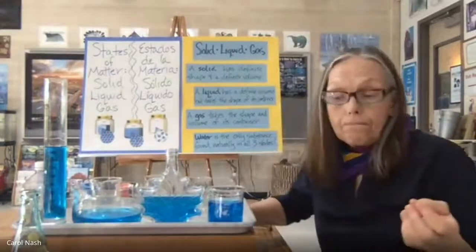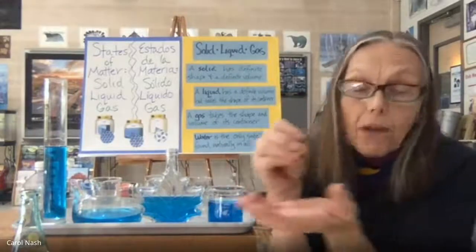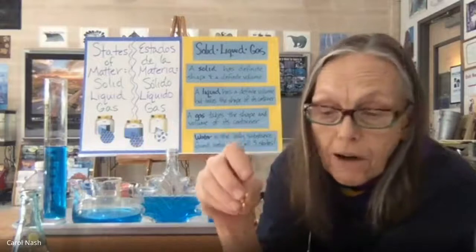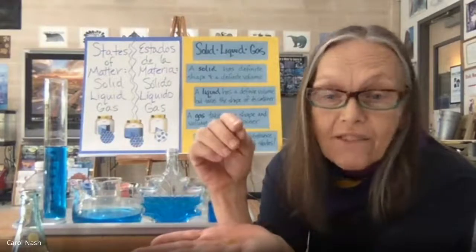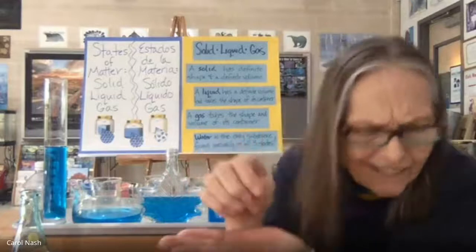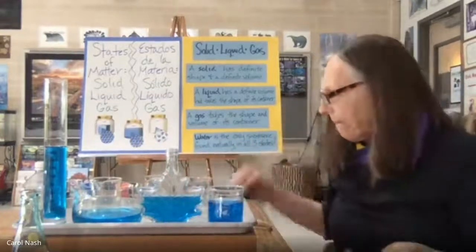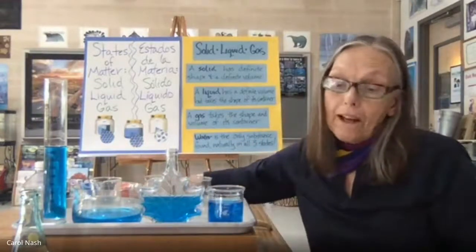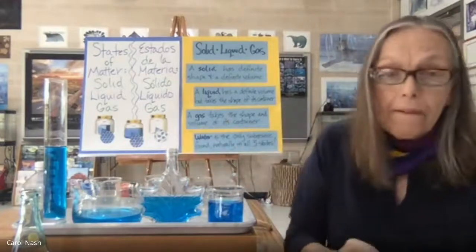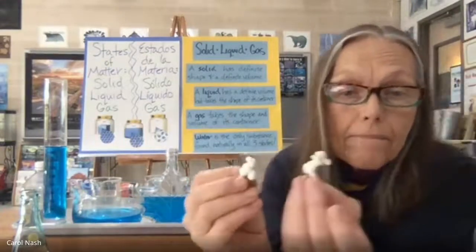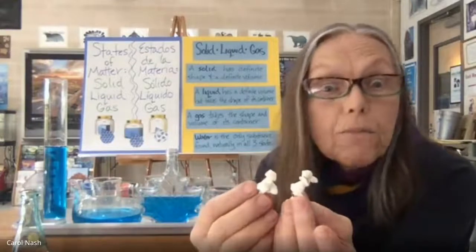Another place where we see those three properties in operation is our popcorn, everyone's favorite snack, right? It's just solid. Oh, I can squeeze it. Oh, it's hard. But if I put that popcorn in a pan and heat it up, what happened? I get popcorn. Wow, it exploded.